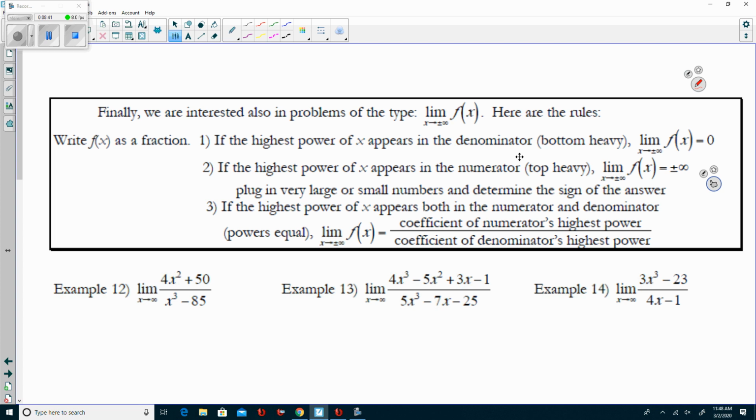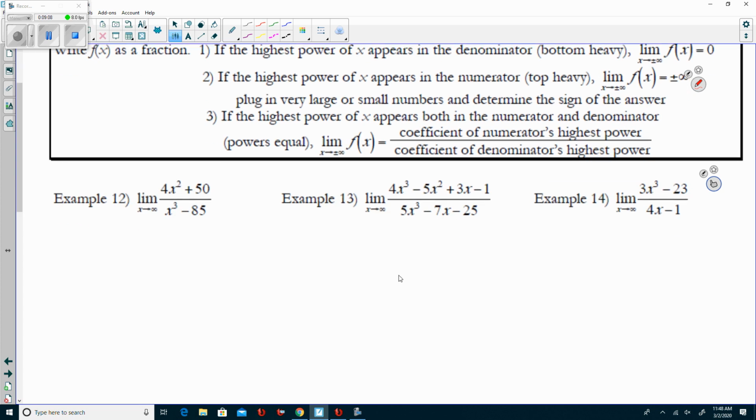You just plug a couple values in. And finally, if the highest power appears in both the numerator and denominator, then you just throw away the variables. So it's just the coefficient of the numerator's highest power over the coefficient of the denominator's highest power. That's all we're focusing on.